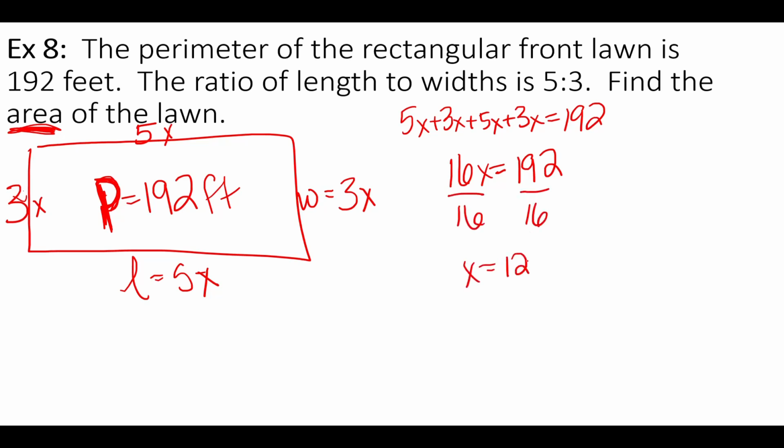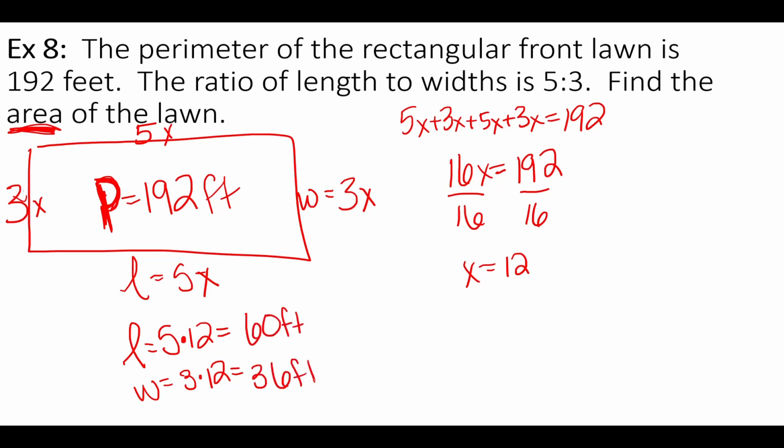Our scale factor will be equal to 12. Going back to finding length and width, length would be 5 times that scale factor, and width would be 3 times that scale factor. So our true length is 60 feet, and our true width is 36 feet, and it's using these two values that we're going to find the area of our front lawn.